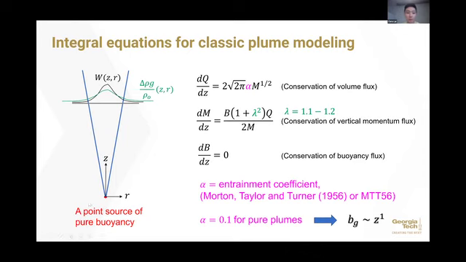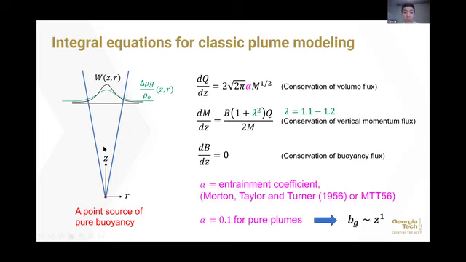What I've shown here on the left is a very simple schematic of a pure plume, a pure source of buoyancy that will spread out and create a mean upward flow W. The buoyancy profile is going to spread out as well, and they will look like a Gaussian shape in a time mean quantity.